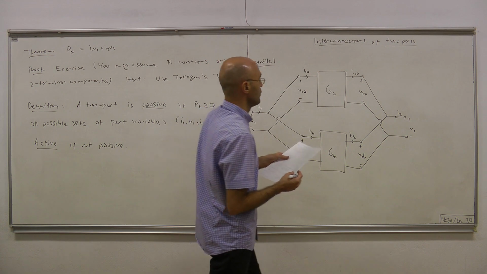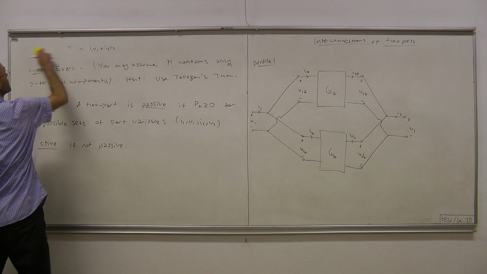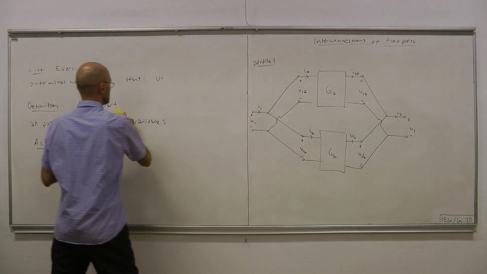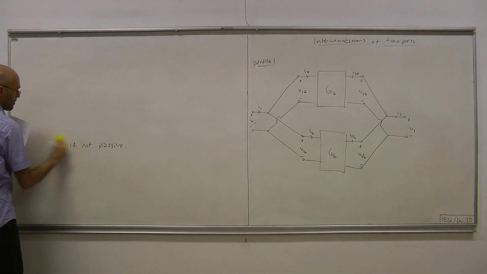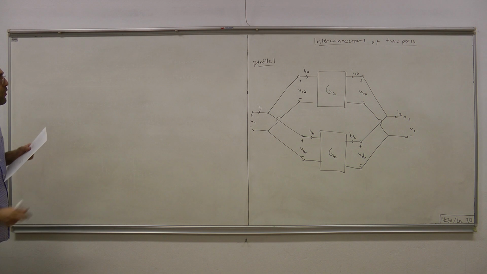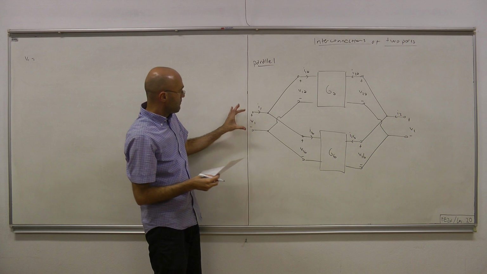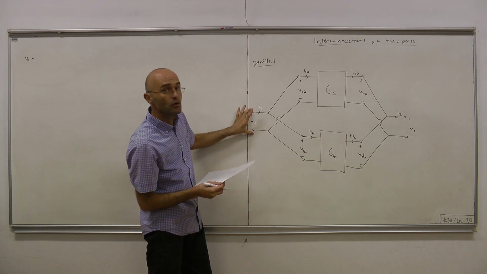What we know is the following. First of all, what's V1? V1 is the potential difference between those 2 nodes.